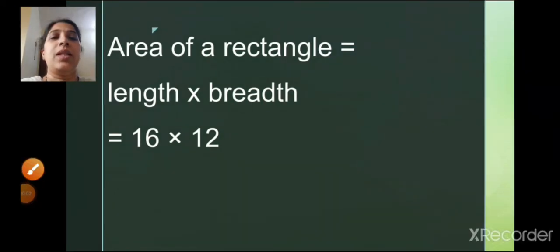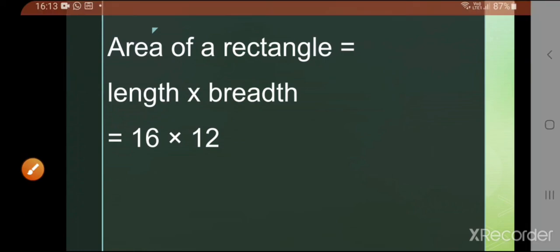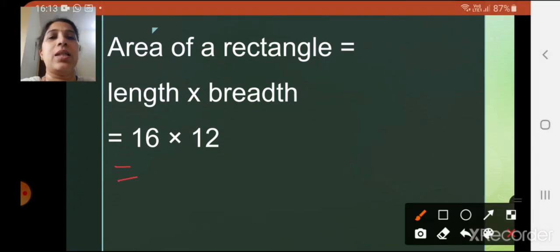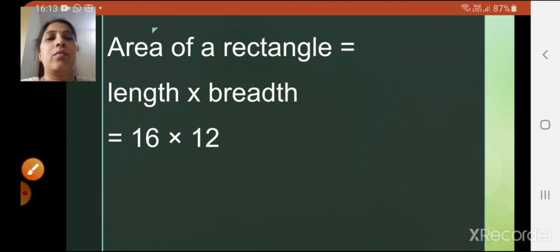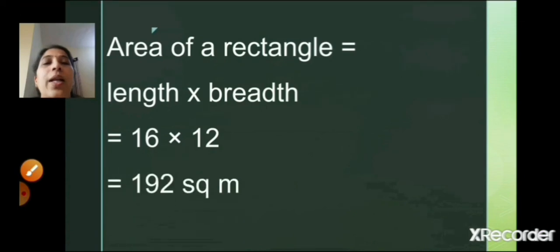So 16 into 12, right? So what is 12 6 are 72. So 2 written down, 7 carried over. 12 ones are 12. 12 plus 7 is 19. So what answer you got? 192, right? Right? So 192 square meter is the area of the rectangle, right?